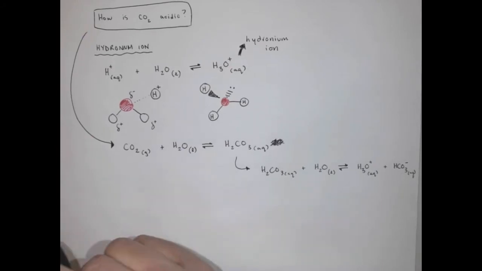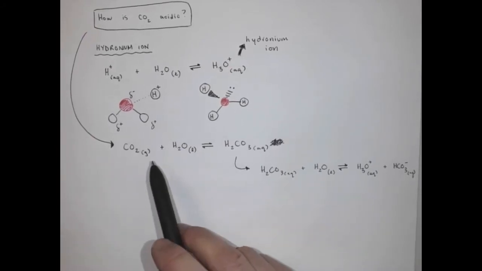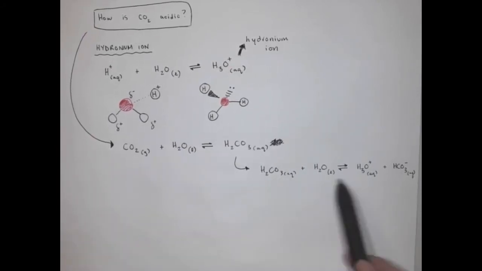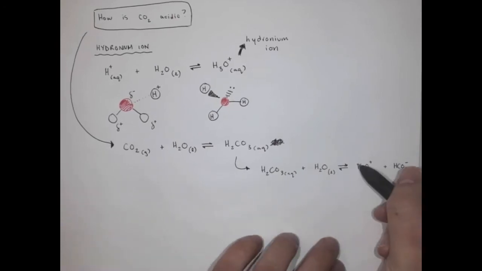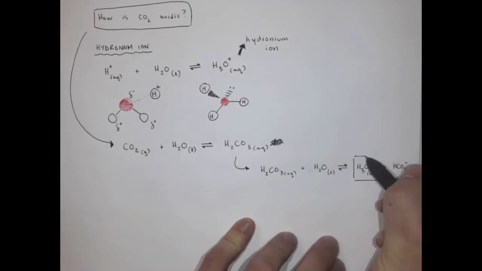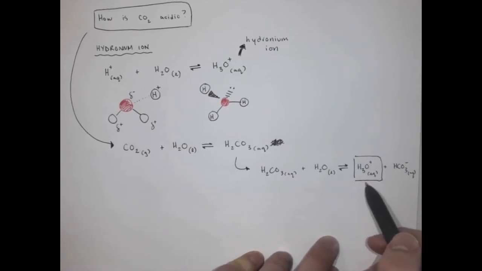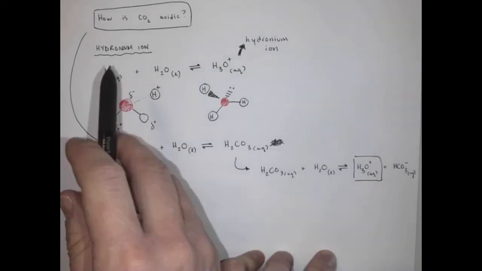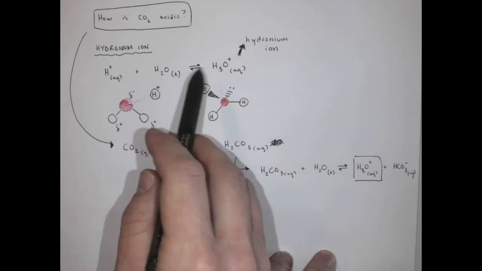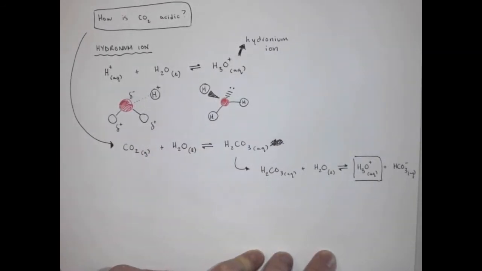So this is a little bit more detail showing us how carbon dioxide can eventually lead to acidic properties. The acidic properties are really coming from the presence of hydronium ion. And that results from hydrogen ions reacting with water to make hydronium ion.